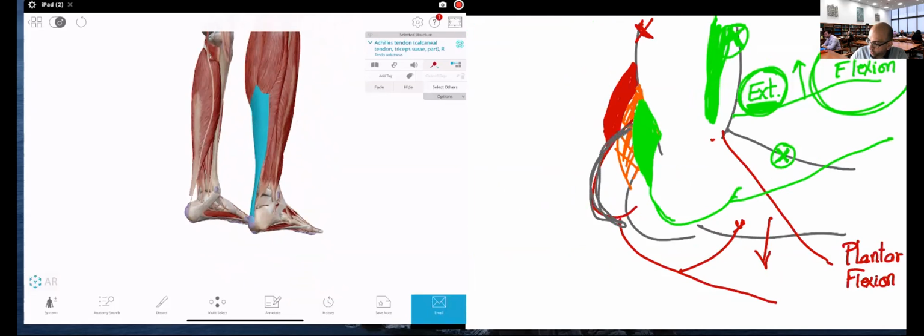So when you pull on the calcaneus, what's going to be the movement that you're going to be allowing the foot to perform? It's going to be plantar flexion. So traveling behind the knee, I'm allowing flexion of the knee. Traveling behind the ankle, I'm allowing plantar flexion of the foot or the ankle. Questions?